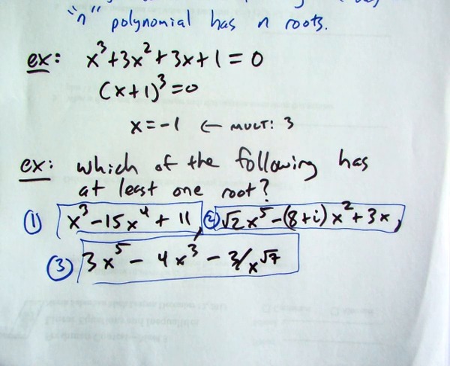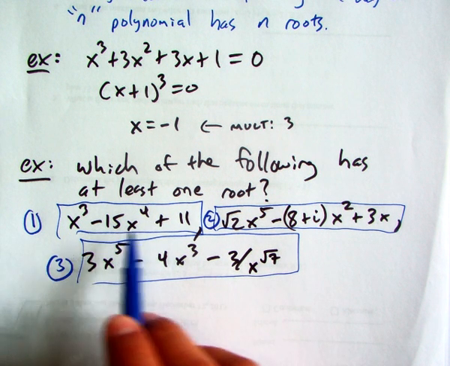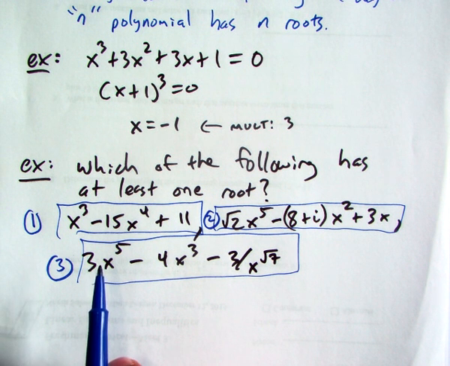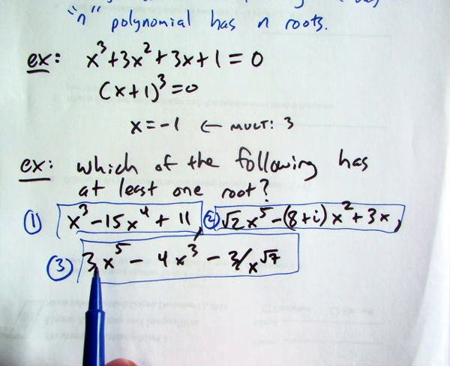The only thing that we need to guarantee at least 1 root is for these functions to be what? Look at what we wrote down for the fundamental theorem.